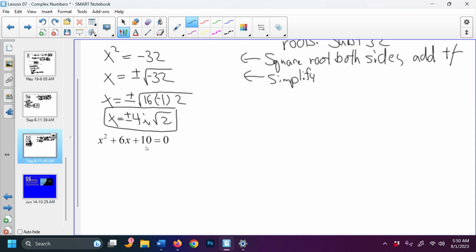But when I ask myself, are there 2 factors of 10 that add up to 6, I find out that there are none, because the factors of positive 10 are 1 and 10 and 2 and 5. And when you add those, you can't get 6. And so factoring is not an option. And so here I'm going to use the quadratic formula.